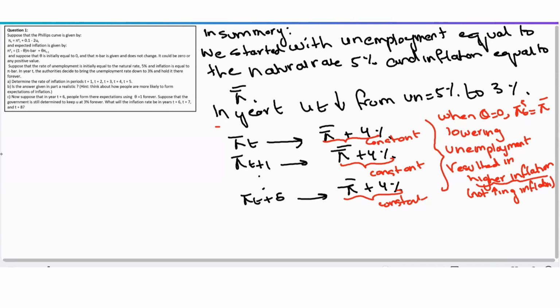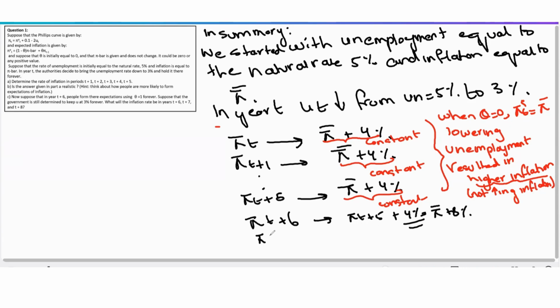But now let's look at what happened in pi T plus 6 when theta increased in value. In pi T plus 6, we saw the inflation was now 4% higher than the previous year, pi bar plus 8%.